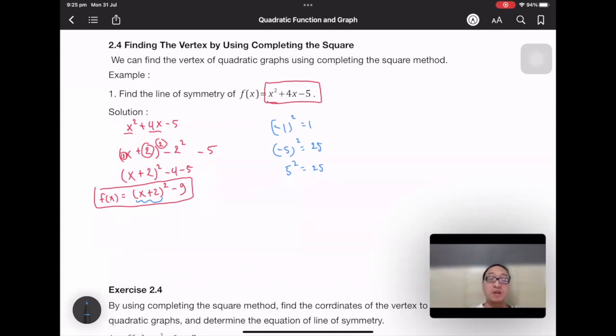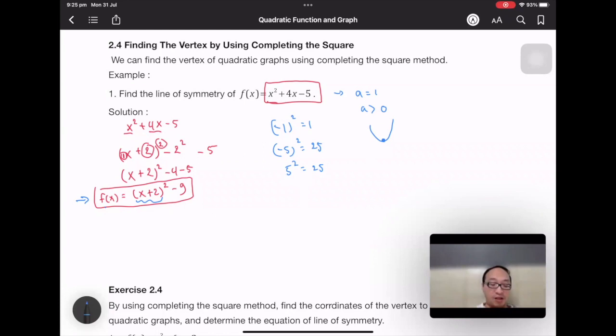So a square number is always positive. Now, since in the quadratic equation a equals 1, that means a is greater than 0, so the shape of this quadratic graph will be a U shape with a minimum vertex.